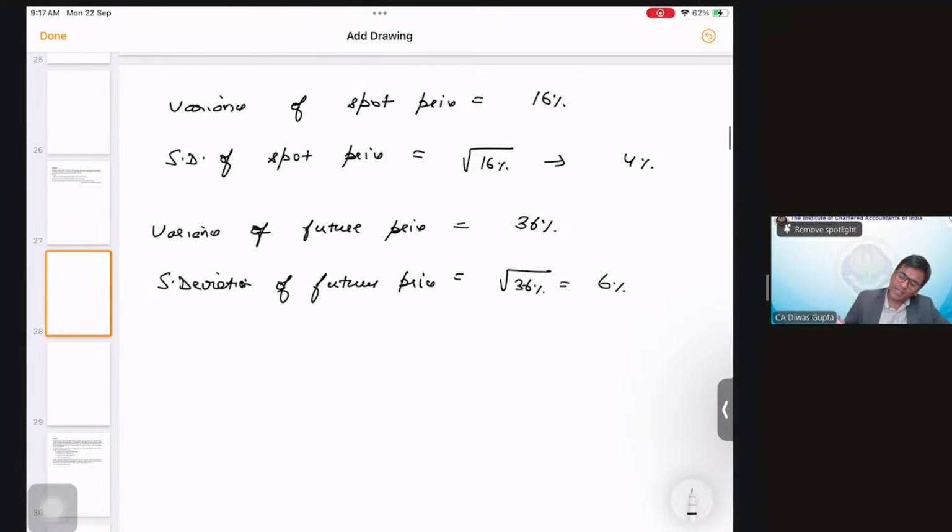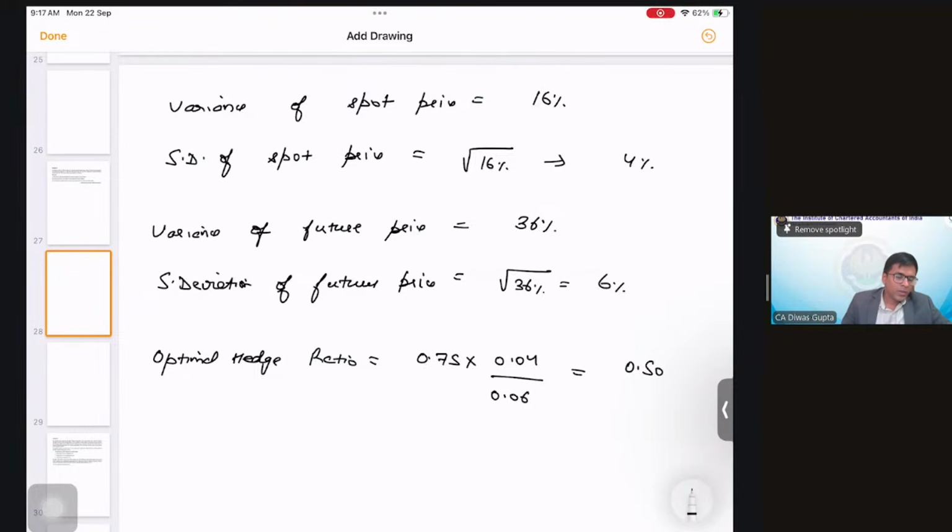So how can we derive the optimal hedge ratio now? Easy. Now we have all the elements, we just need to put in 0.75 into 0.04 divided by 0.06, which is equal to 0.50. 0.499, so 0.5.